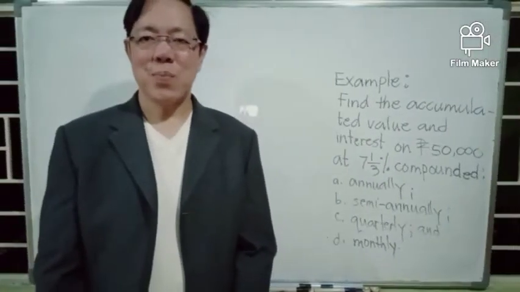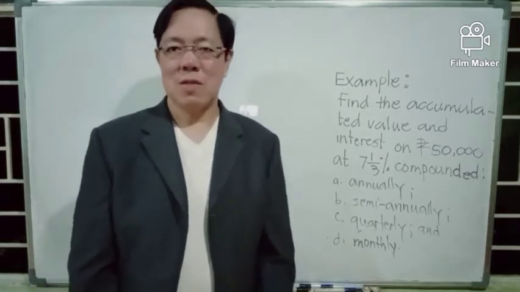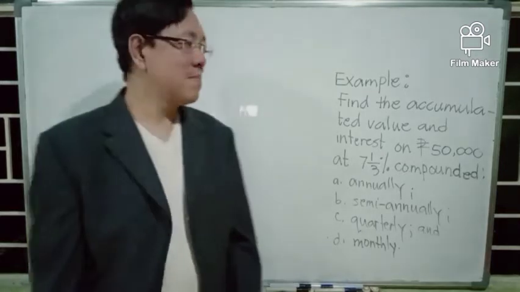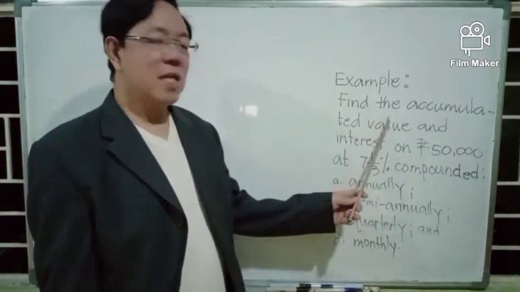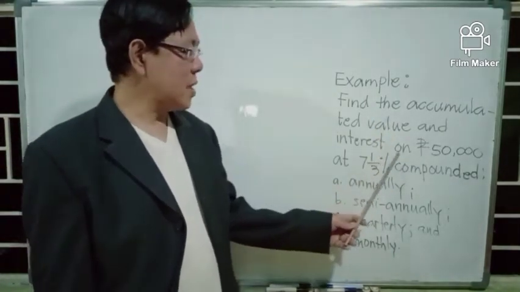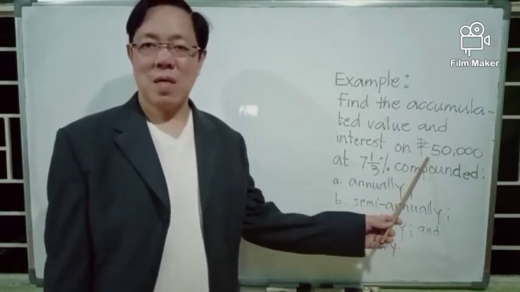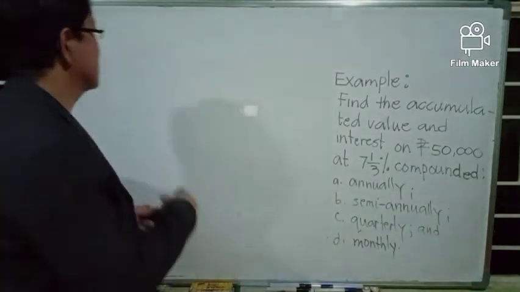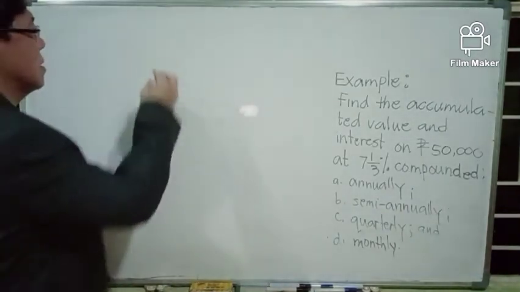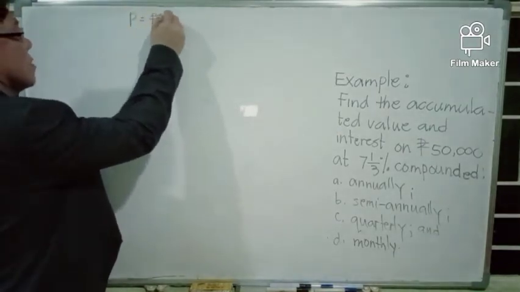As in other problem solving, we write first the given information from the given problem. We are asked to find the accumulated value and interest on 50,000 pesos. Thus, we take 50,000 pesos as the principal P. Right, P equals 50,000 pesos.